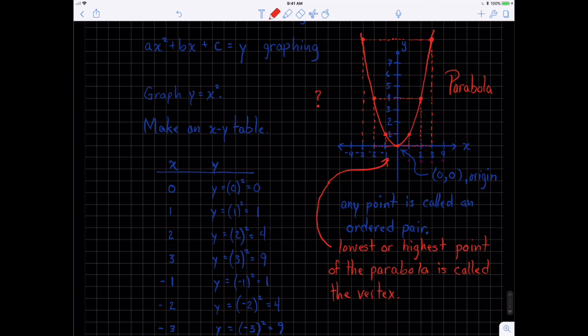It's called the vertex. So in this case, the vertex is at 0, 0.